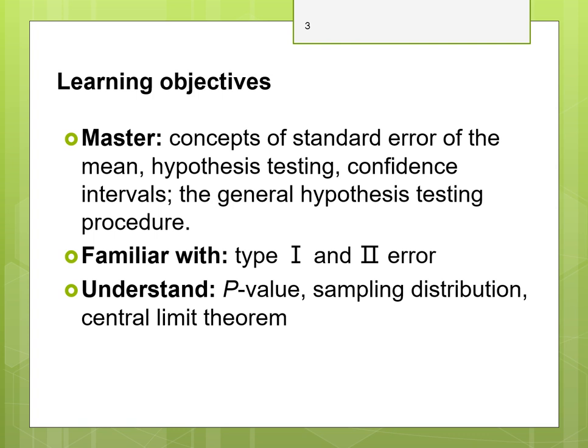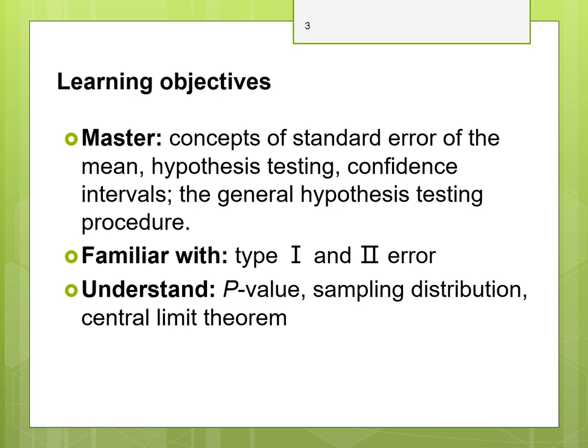In today's class, these are our learning goals. The first one is to master some basic concepts, for example, the concepts of standard error of the mean, hypothesis testing, confidence intervals, and the general hypothesis testing procedure.